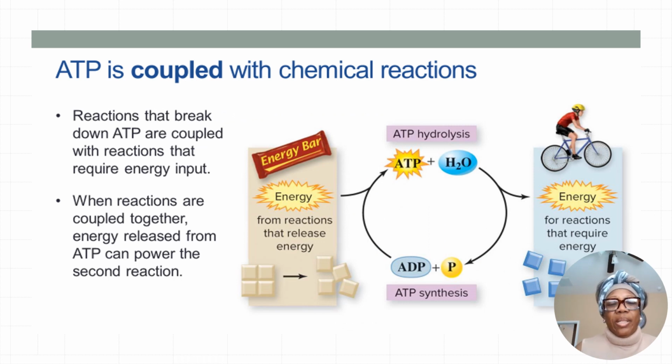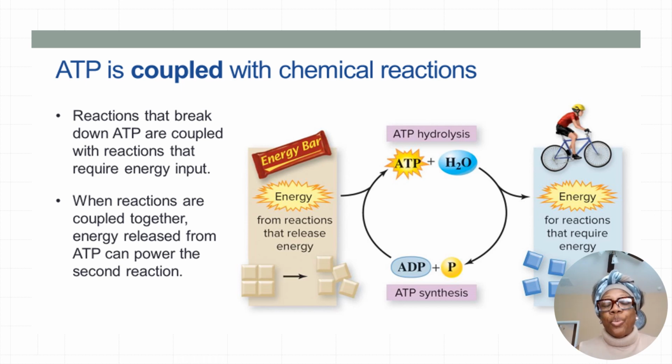So just to give you a pictorial representation of what's going on here, ATP is coupled with chemical reactions, these redox reactions that we talk about. Reactions that break down ATP are coupled with reactions that require energy input. When reactions are coupled together, energy released from the ATP can power the second reaction.